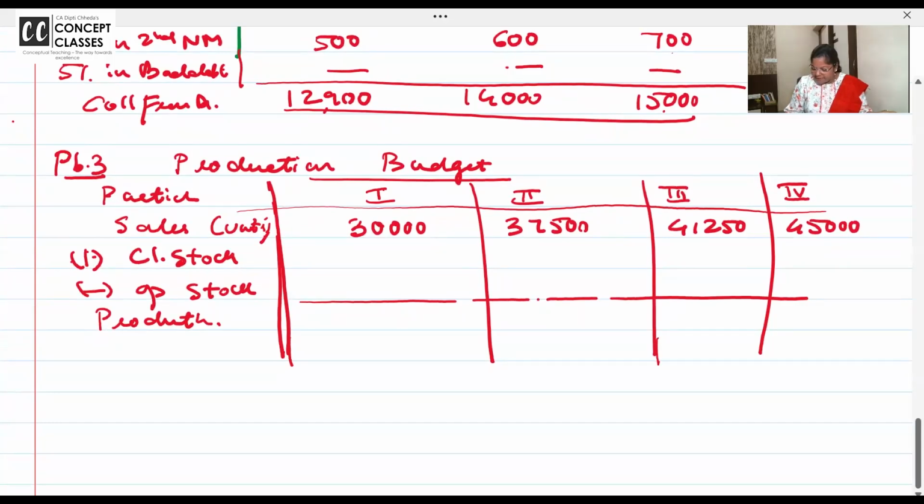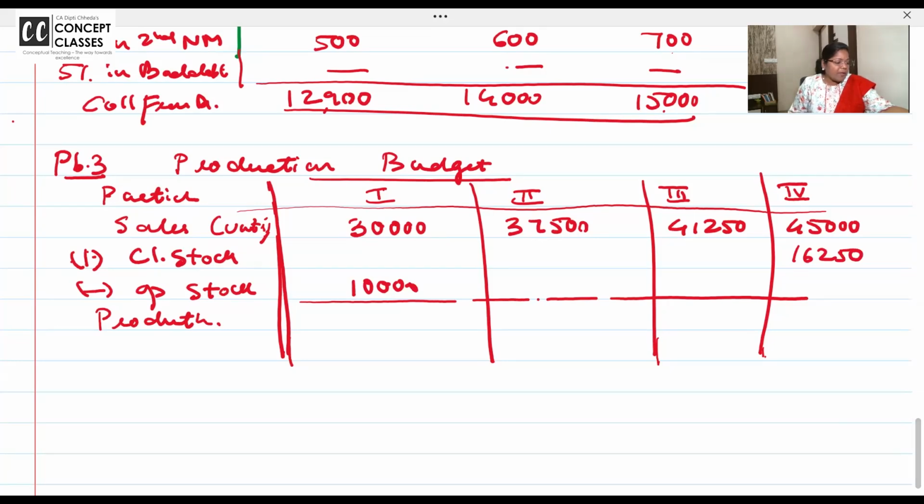In production, take 2 lines. What did they say? Opening stock of the finished goods is 10,000. Closing stock in the last quarter is 16,250, given.